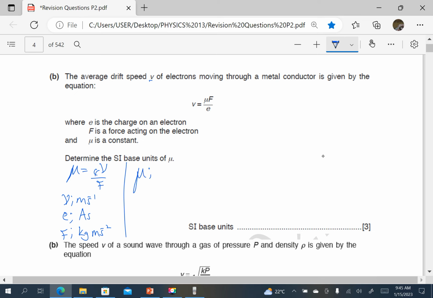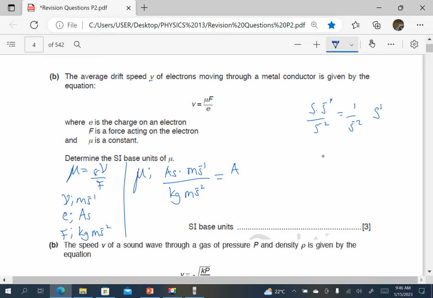So we now combine the units. The units of mu will therefore be ampere seconds multiplied by meters per second divided by kilogram meters per second squared. So we simplify this. Ampere is alone, so I will maintain it. We have s times s power negative 1 over s power negative 2. You add the powers for multiplication and you subtract the powers for division.